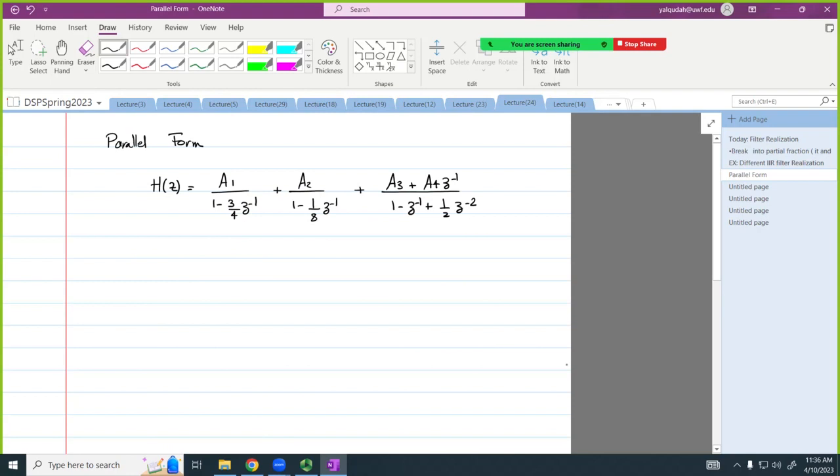The residues: a1 is going to equal 2.93, a2 equal to negative 17.68, a3 is going to equal 24.75, and a4 is going to equal 2.345.